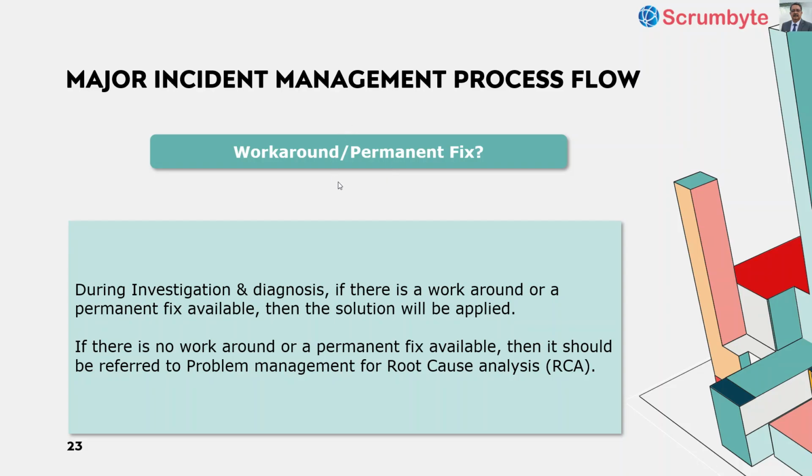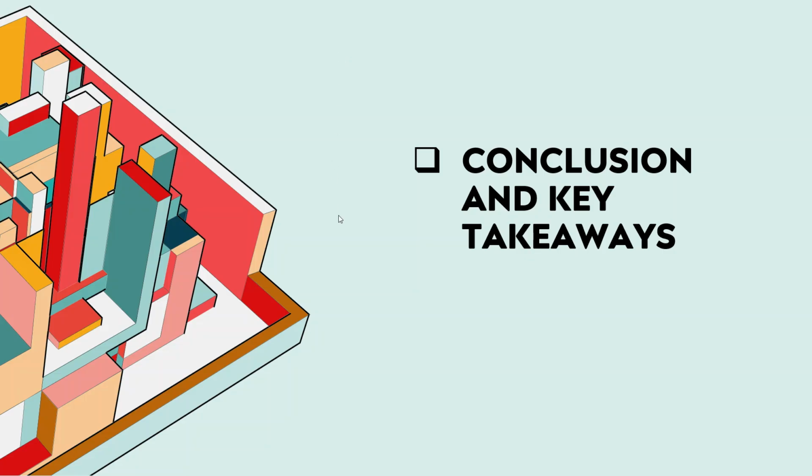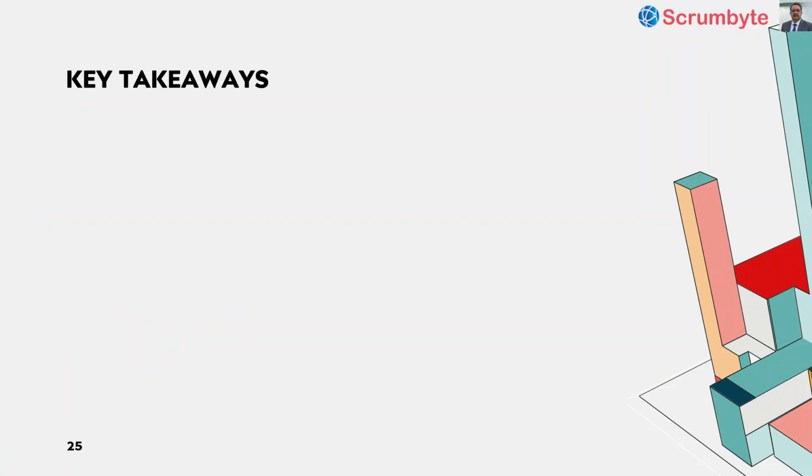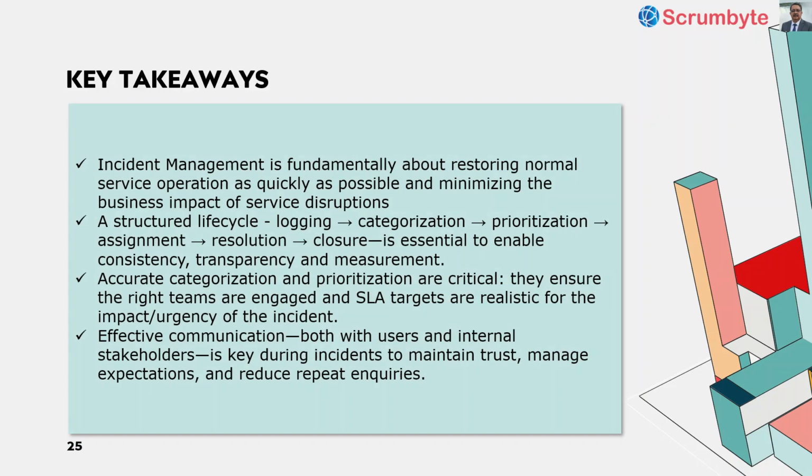Now that we've talked about what is major incident management, let us go to the final conclusion. So now we are going to talk about the conclusion and the key takeaways. What we have learned so far, what are the key takeaways?